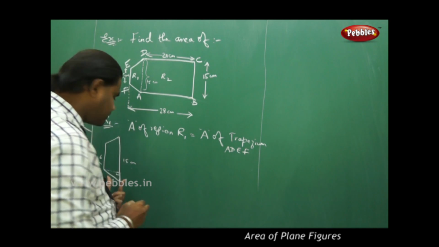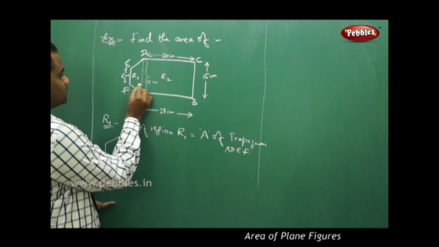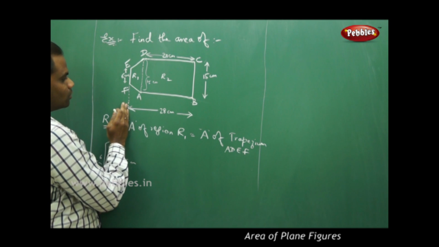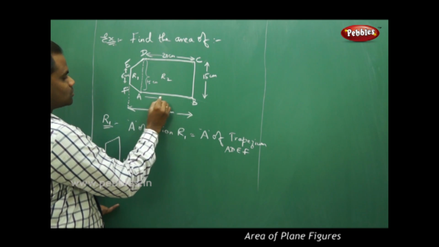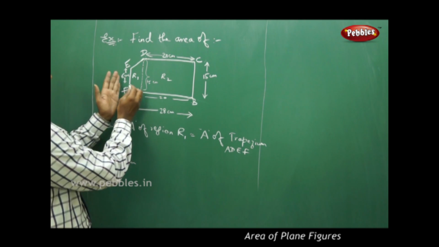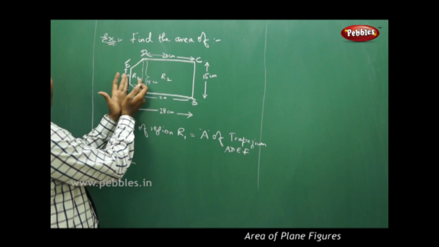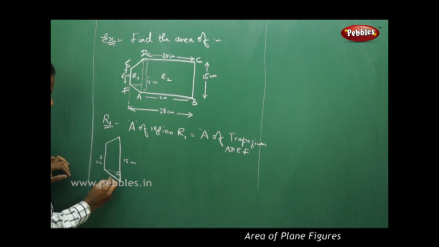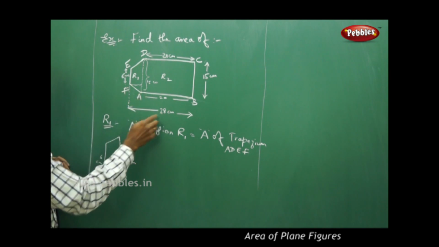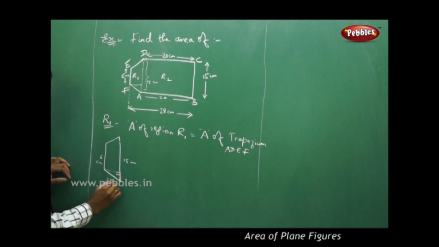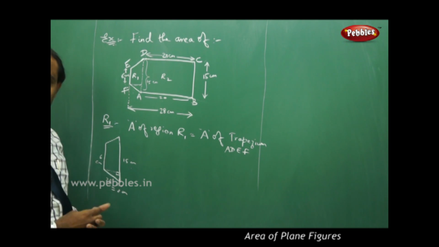Now to find the height of the trapezium, I have to find this distance, where the whole is 28 and this is 20. Therefore, this height would be 28 minus 20, which is 8 centimeters. Therefore, my height is 8 centimeters.